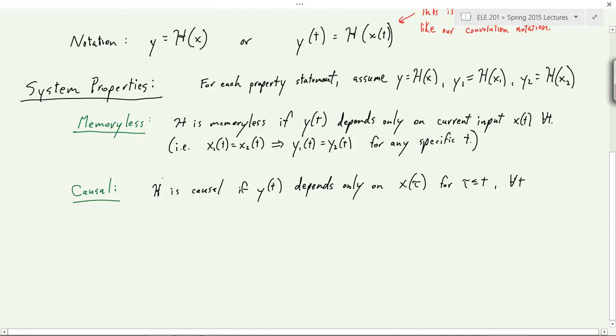Okay, so a little note here. Let's state this more precisely. In each of these cases, I can give you a more precise mathematical definition. That's if two signals are equal for all time up to some t, then the outputs need to also be equal up to that point. And this, again, would be true for any specific t if the system is causal.